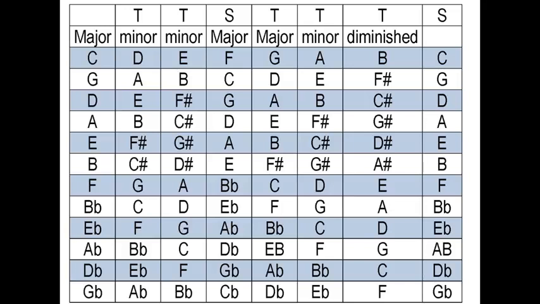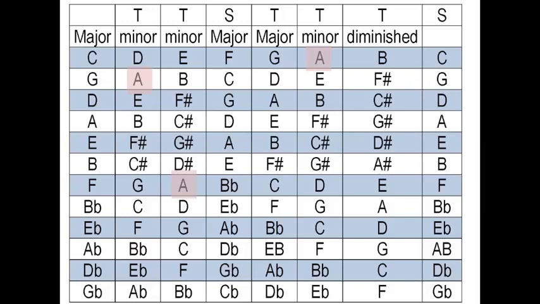Now, another thing you could do is if you're playing a song that has an A minor in it, right? Or you're writing a song that you want to do in A minor because when you sing it just sounds good. You don't have to write in the key of A minor. You basically just find a key that has an A minor chord in it. So if we look down all our minor columns, which are on 2, 3, and 6, let's go to the second column, scan down, and look for an A. There it is in the second row, G major.